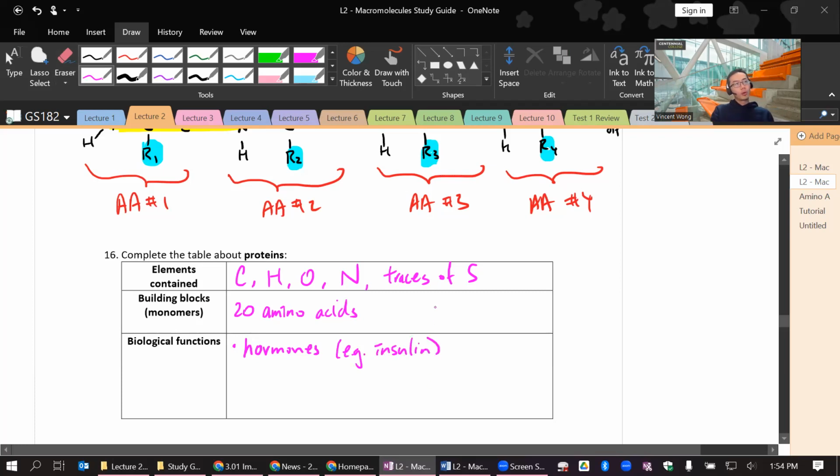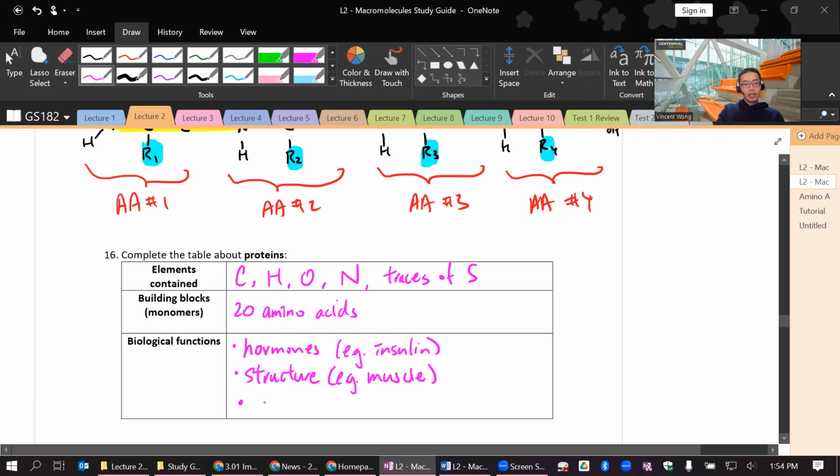It helps you absorb sugar. We also need proteins for structure. For example, muscle has a lot of proteins. You have proteins in your hair and in your fingernails.